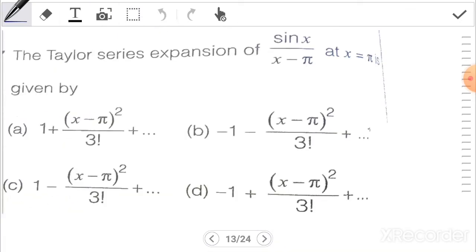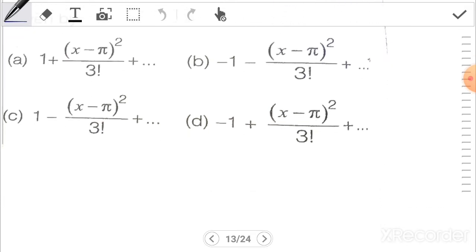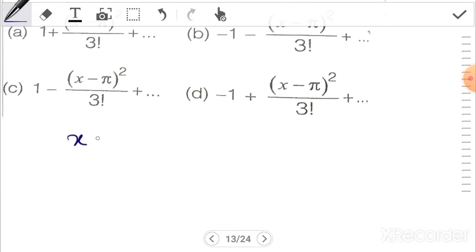Taylor series expansion of sin x by x minus pi at x is equal to pi. So here, let us put x minus pi as t. x is equal to pi plus t.